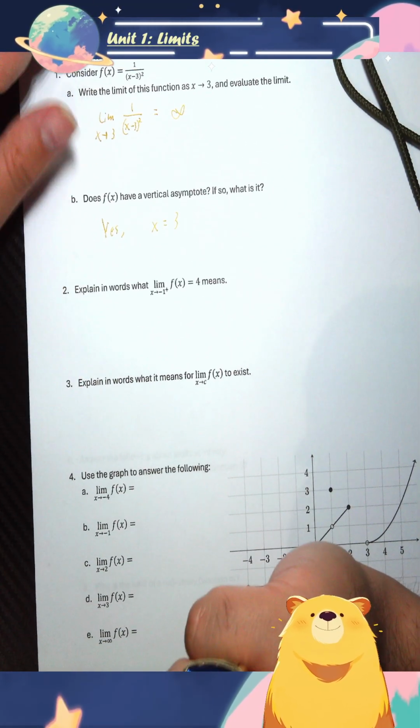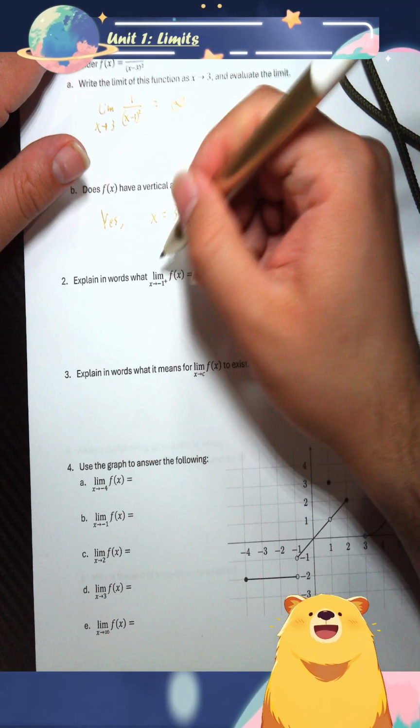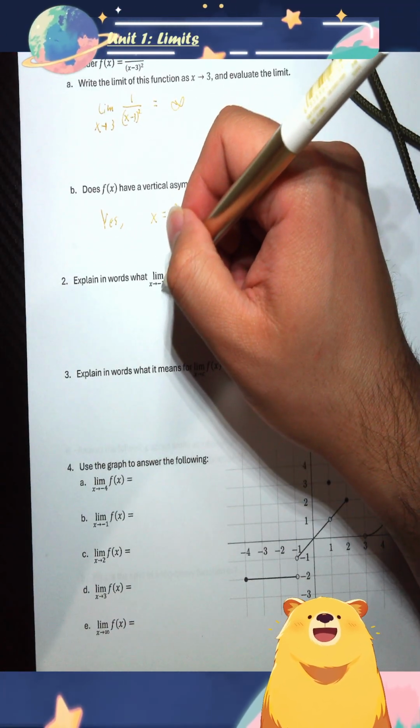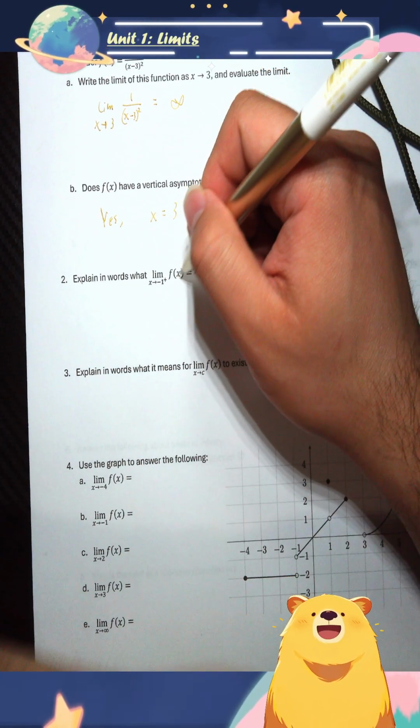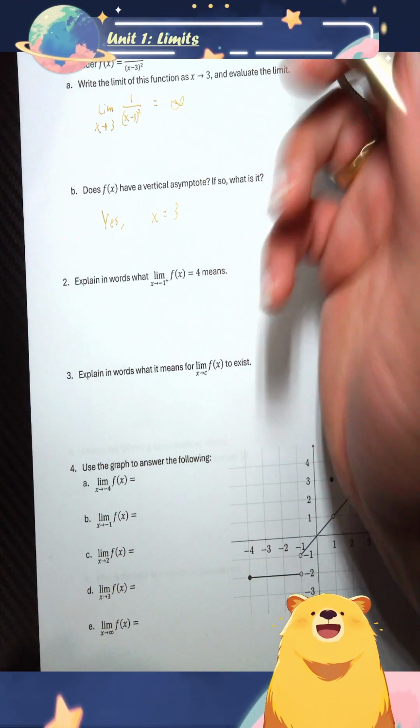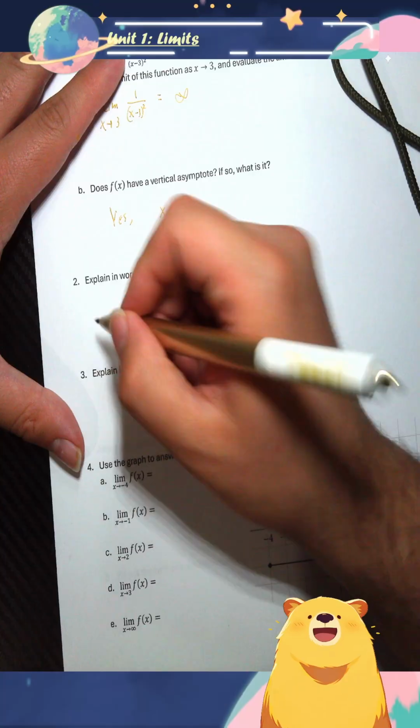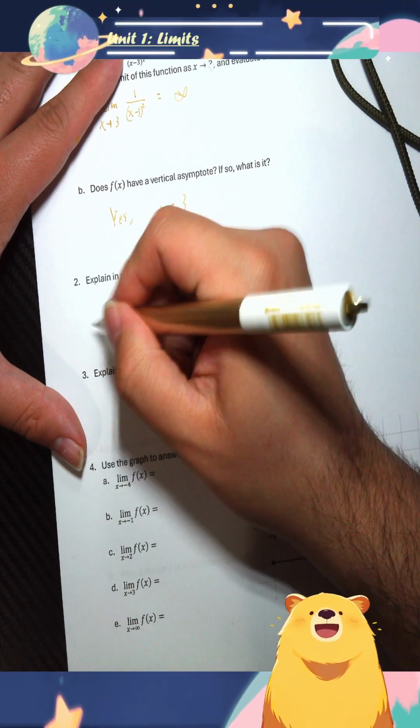Okay. To explain in words, what's the limit as x goes towards -1 from the right of f of x equal to 4? Okay, so I kind of just said it when I read the equation, but let me just go ahead and give you something.